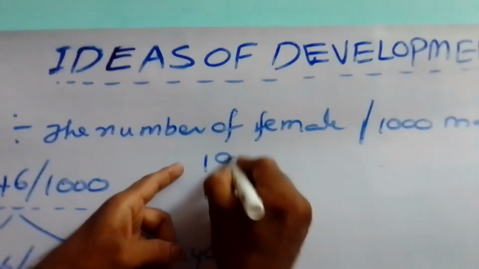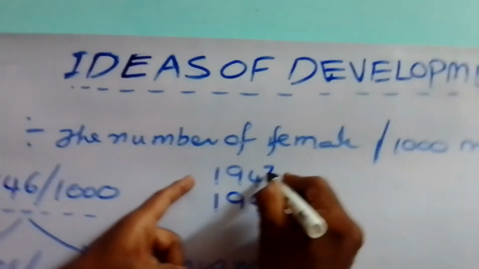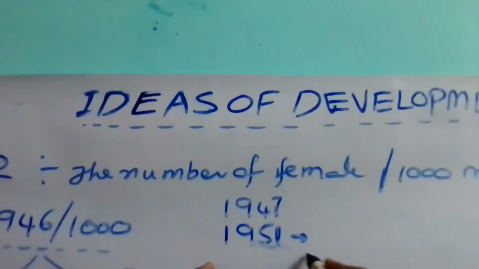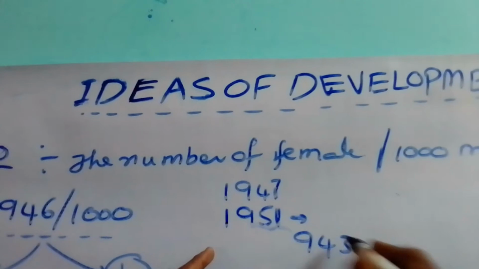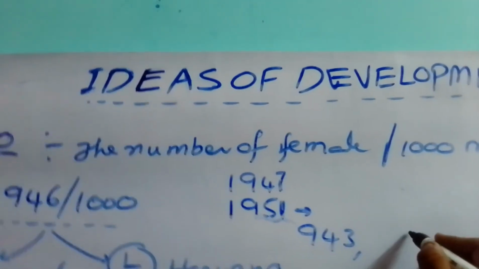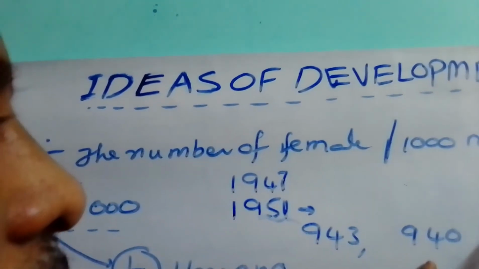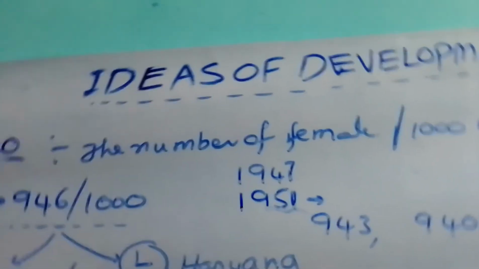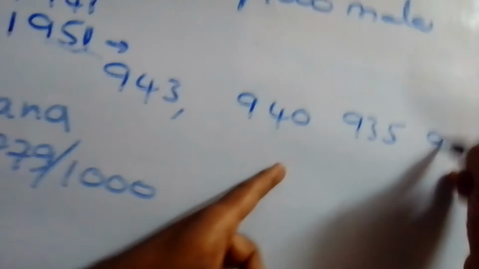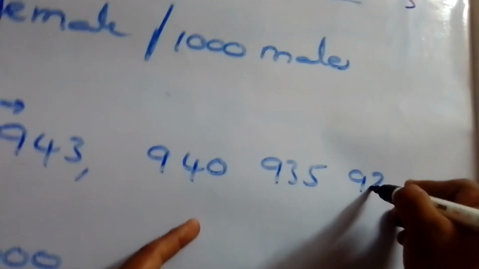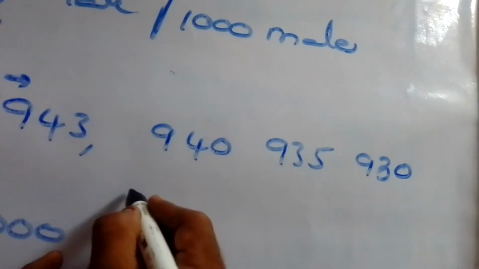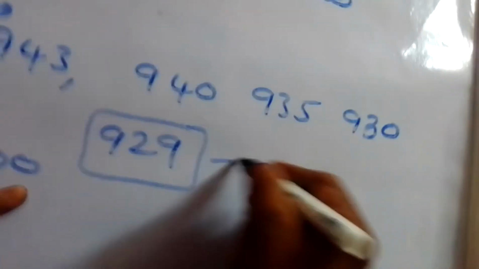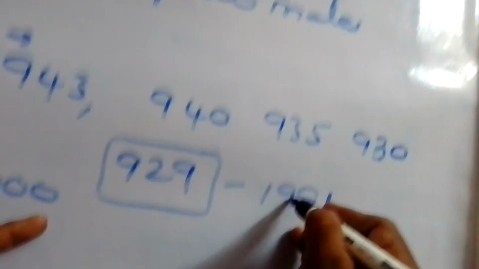Suppose we got freedom in 1947, and according to the census in 1951, the sex ratio was 943, and then it decreased in the next decade to 940, then 935, then 930, and the same way 929. So this is the least sex ratio, observed in 1991.